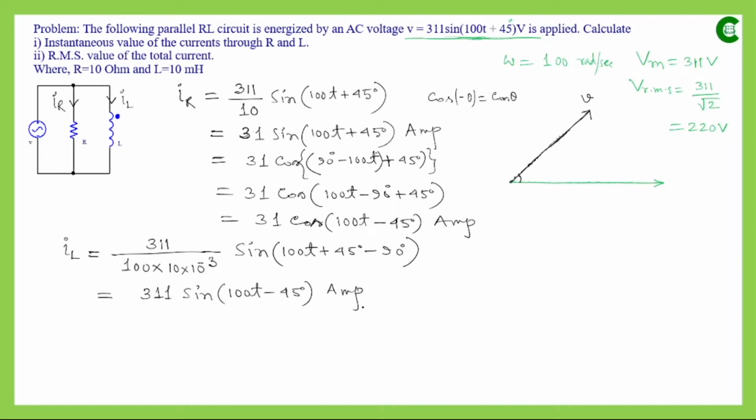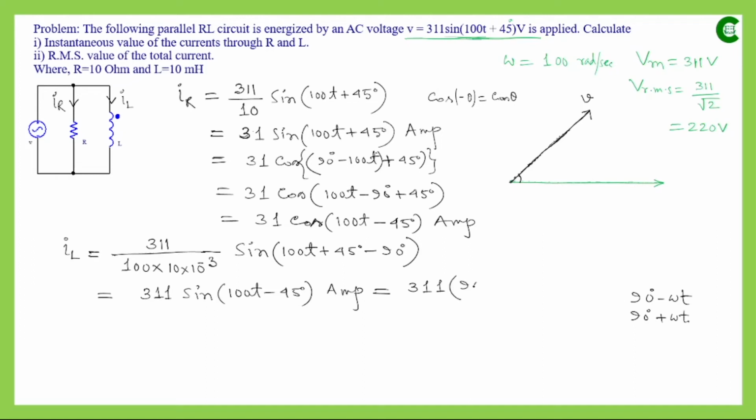Now if we want to express this in terms of cosinusoidal, then again it can be written this way: 311, then sine of 100t can be written as cosine of 90 degree minus omega t, or 90 degree plus omega t. But since with 90 degree minus omega t the omega t value will be negative, we'll choose the expression 90 degree plus omega t.